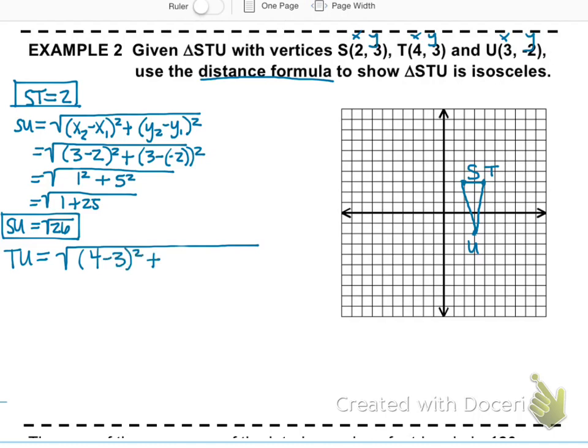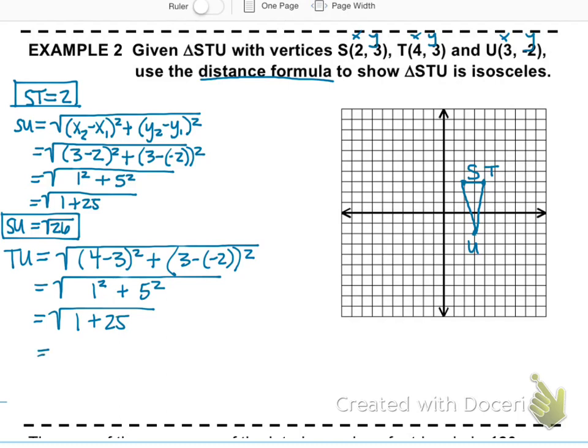Our y values of T and U are 3 and -2. So maybe 3 minus -2, and then we'll simplify. 4 minus 3 is 1, we'll square that. 3 minus -2 is just like we had up there, which is the same as 3 plus 2, which is 5, we'll square that. 1 squared is 1, 5 squared is 25. If we add those, we get 26. So the length of TU is square root of 26.